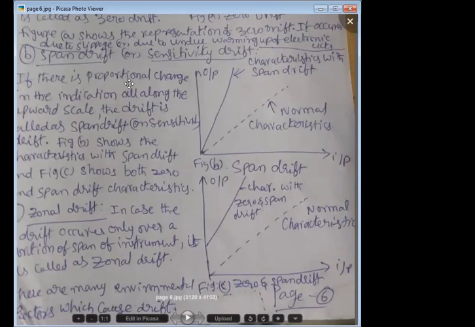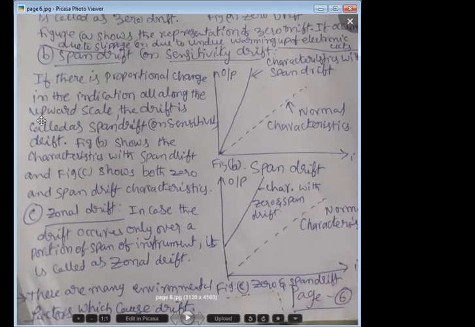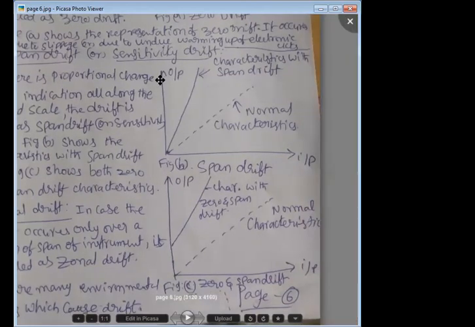So if there is a proportional change in the indication all along the forward scale, the drift is called span drift or sensitivity drift. See here, this is the span drift. This is the normal characteristic we have to follow, but here are the characteristics with span drift.